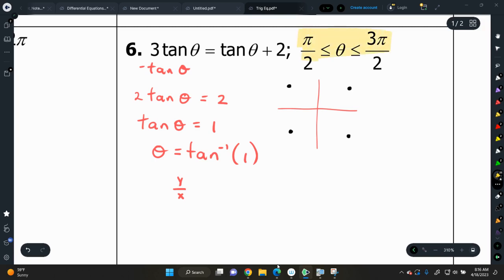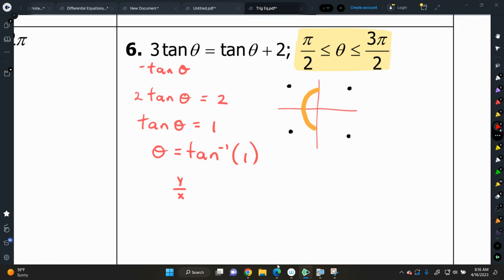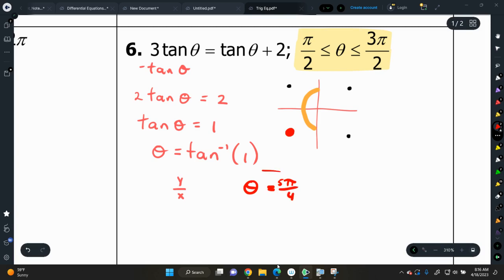Looking at this, it says to look specifically from pi over 2 to 3 pi over 2. So I'm looking just in that area. If it is a positive 1, that means the y and the x have to be the same sign. So I'm looking just right here. So we've got theta equals 5 pi over 4. And we need to give that in radians.